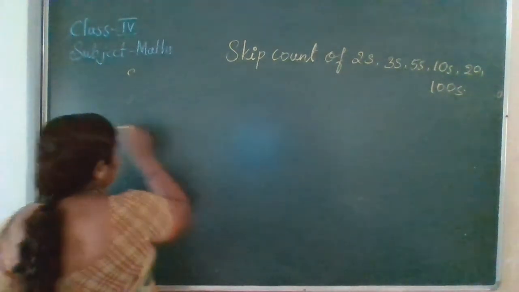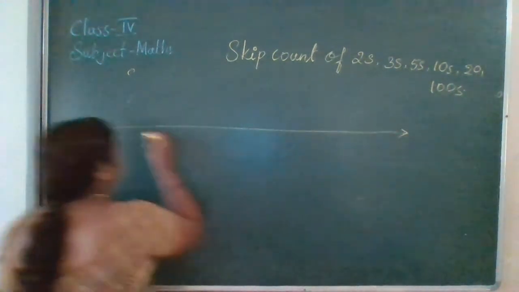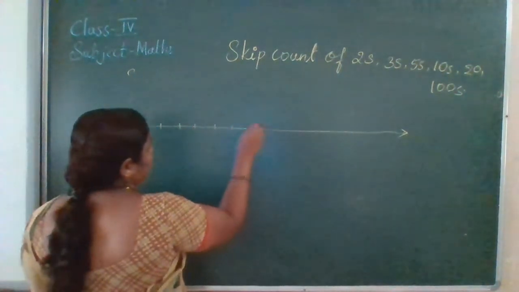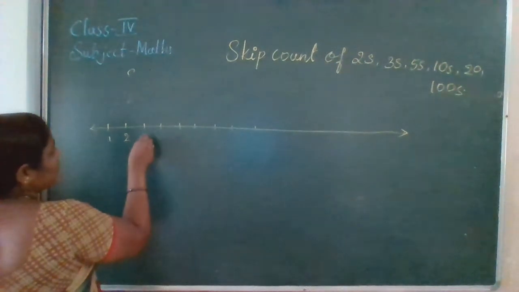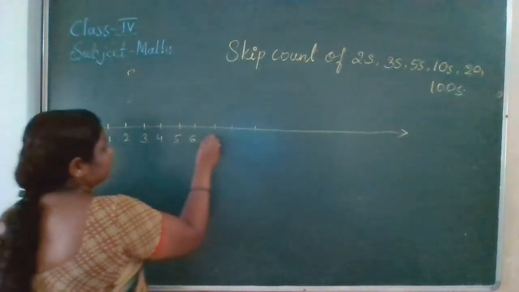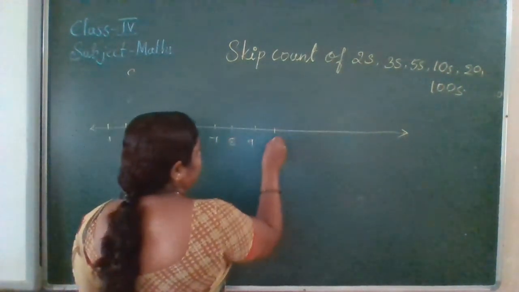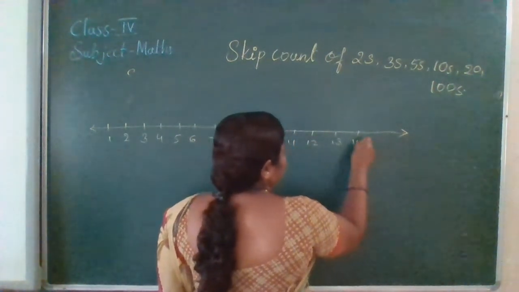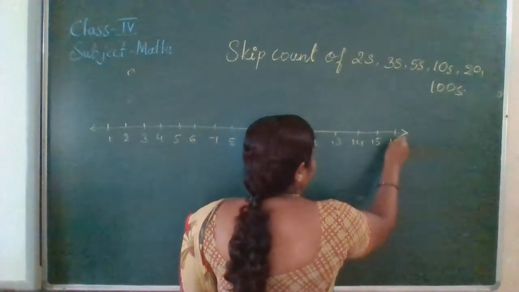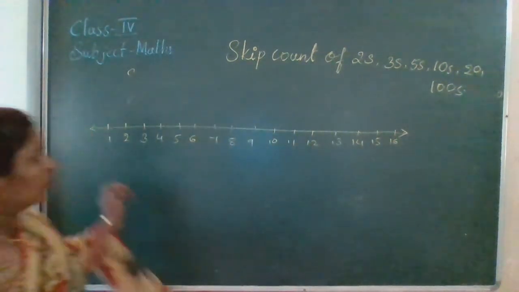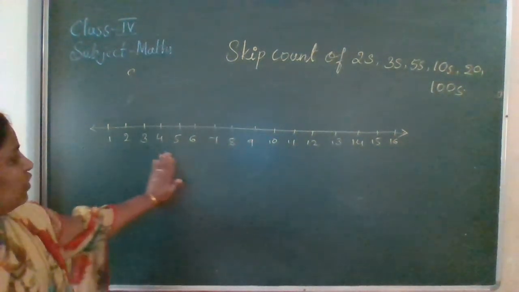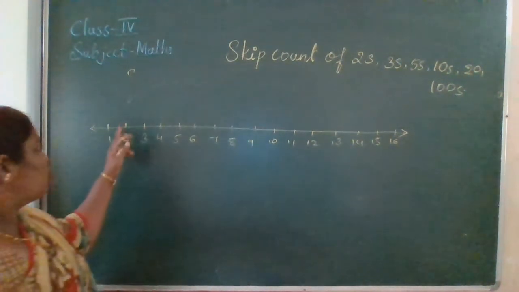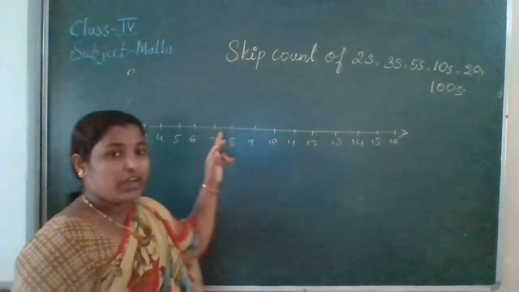Take a number line. These are the numbers on the number line. See, if there is no skipping, it means 1, 2, 3, 4, 5, 6, 7.